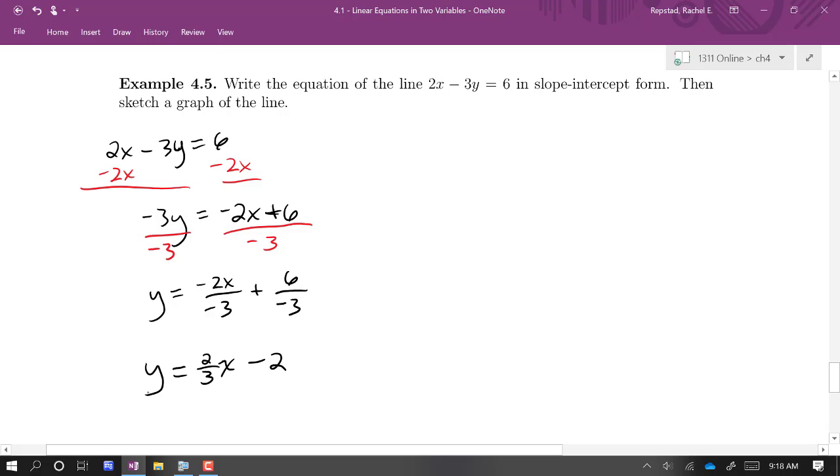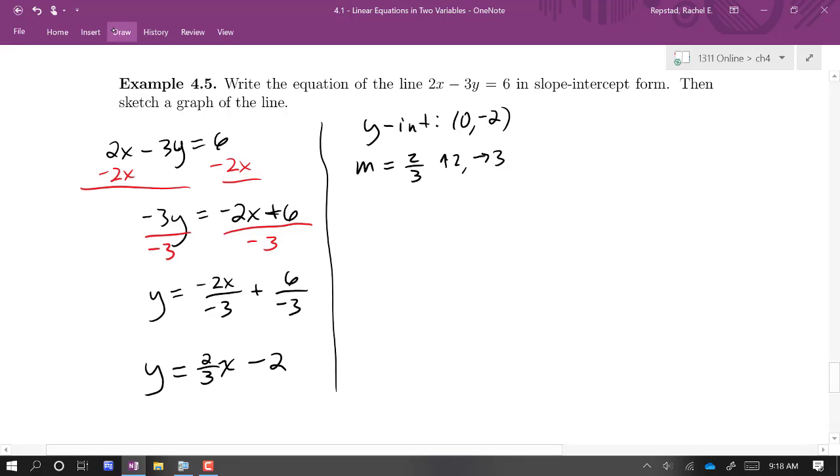As it turns out, it looks like it's the same slope as the last equation. We have our y-intercept at 0, negative 2, and then our slope is 2/3, meaning up 2 over 3.